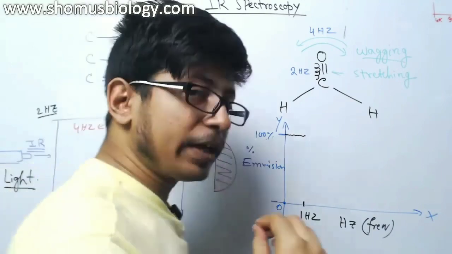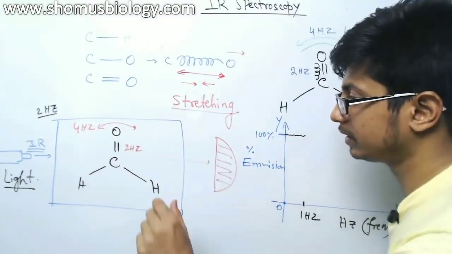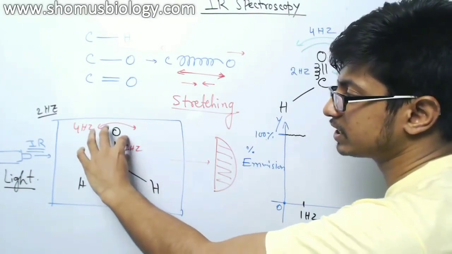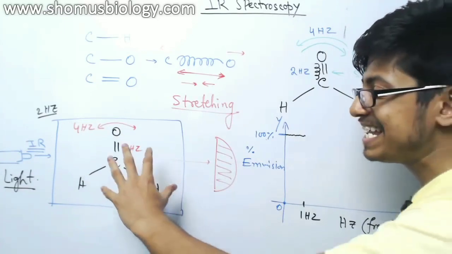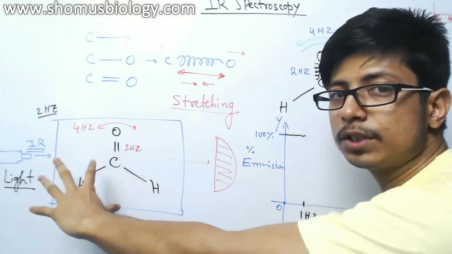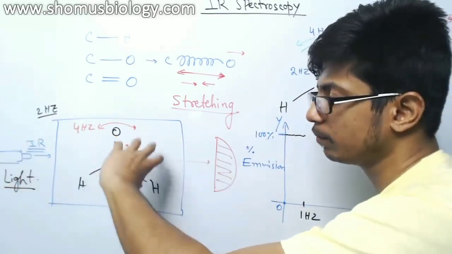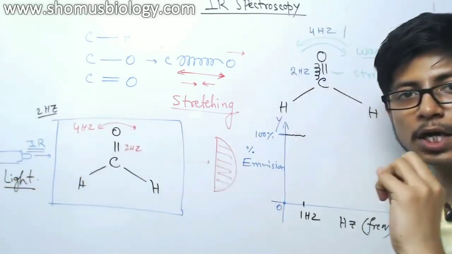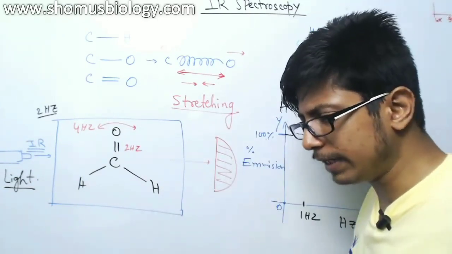So as the frequency of the IR hitting this molecule matches the frequency of the stretching between the carbonyl carbon and oxygen, that is also 2 Hertz, this compound will absorb most of the IR light. Most of this light will be absorbed by this formaldehyde, and very little will pass, very little.